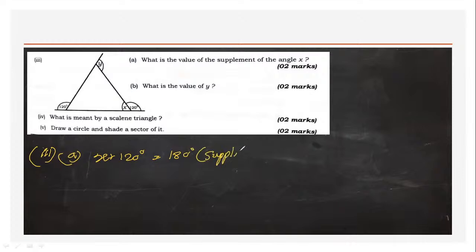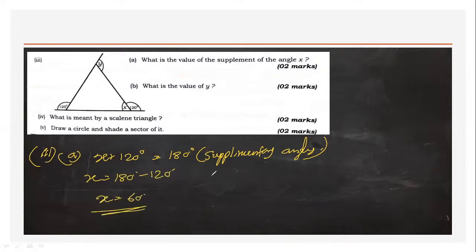Supplementary means add up to 180. X equals 180 minus 120. X equals 60.